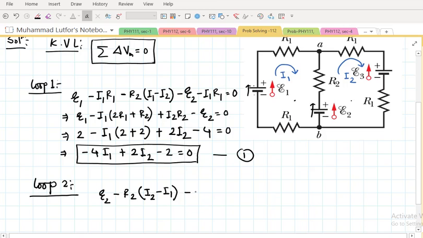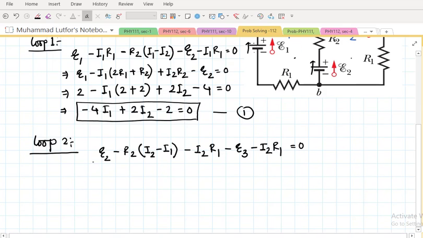Now minus I2 R1, which is the voltage drop across the resistance R1 over here, minus E3, minus I2 R1 equal to 0. That makes a closed loop again, right?